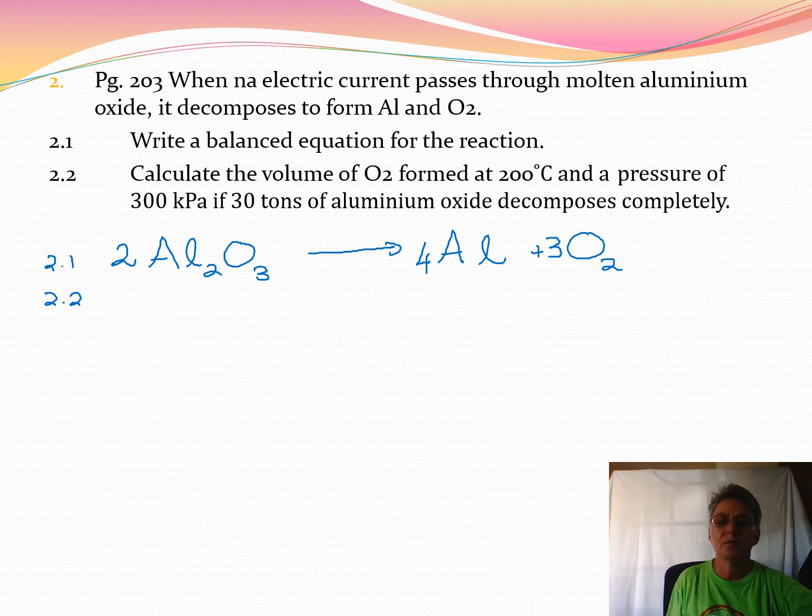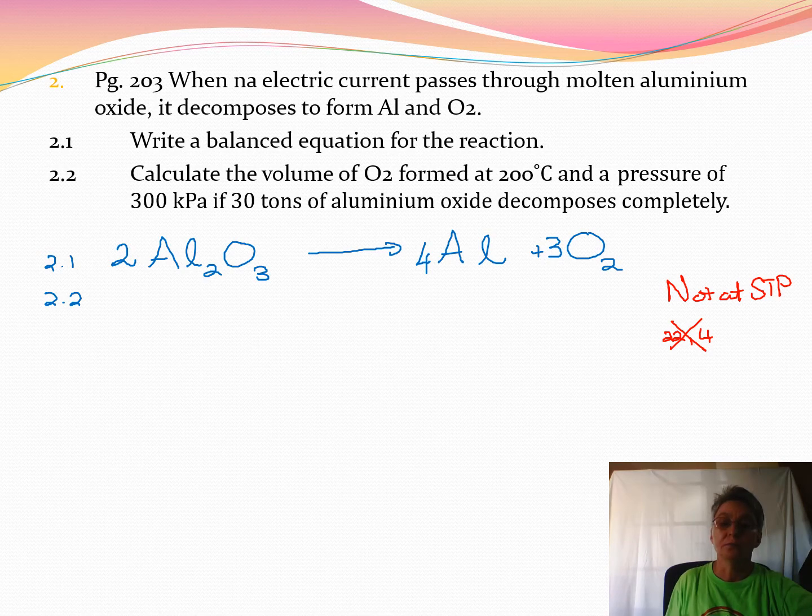Calculate the volume of oxygen formed at 200 degrees Celsius. So the important thing to notice here is it's not at STP, so we can't use 22.4 in this calculation.